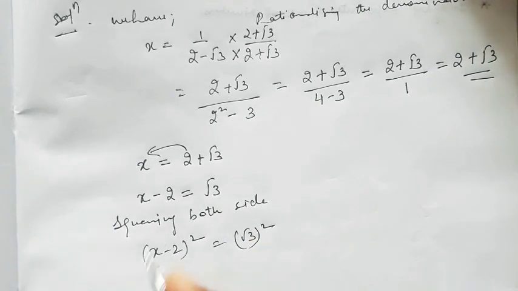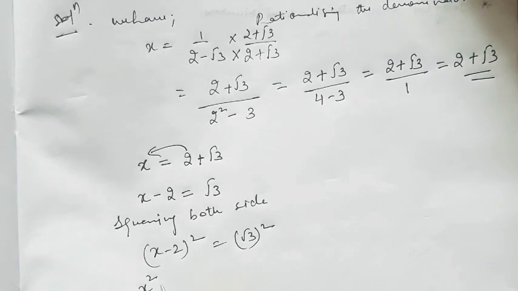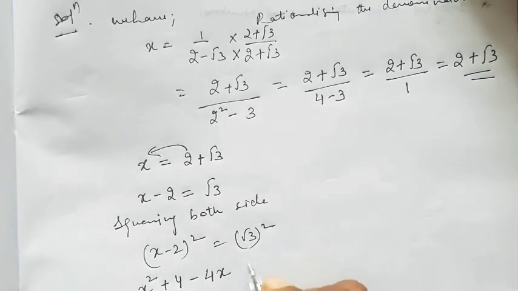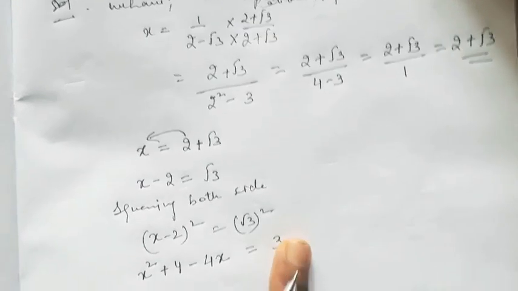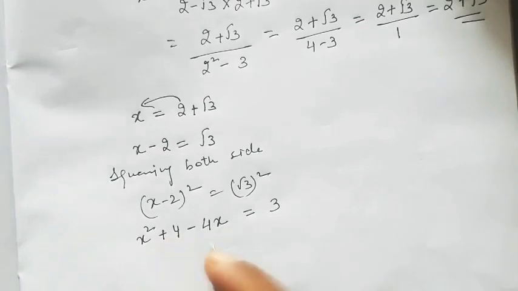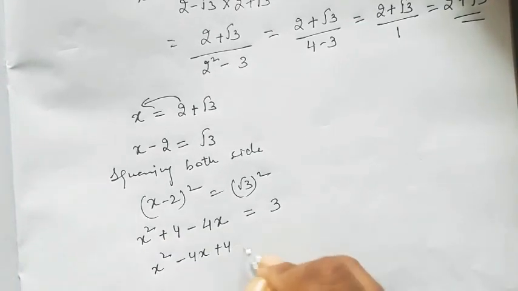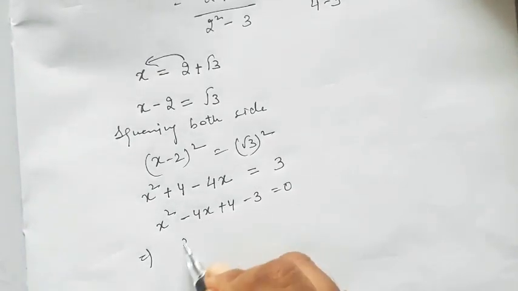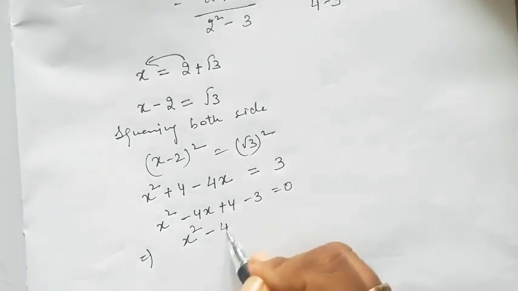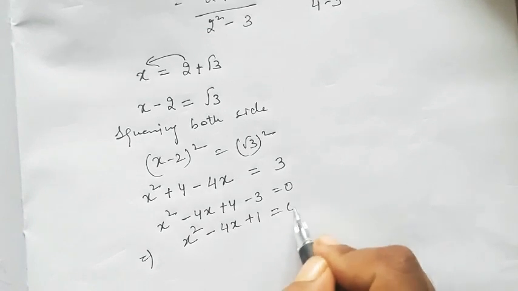So here it will be x square plus 4 minus 4x is equal to 3, right? By simplifying, I get x square minus 4x plus 4 minus 3 is equal to 0. From here I get one equation, that is x square minus 4x plus 1 is equal to 0.